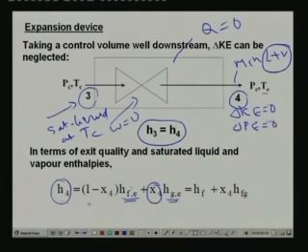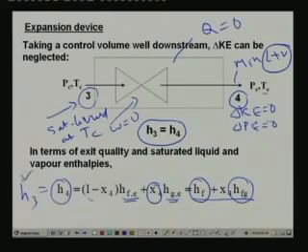So H4 is nothing but (1 minus X4) into HFE plus X4 into HGE. This can also be written as HF plus X4 into HFG, where HF is nothing but HFE, the saturated liquid enthalpy, and HFG is the latent heat of vaporization at evaporator temperature. And H4 is equal to H3, right?